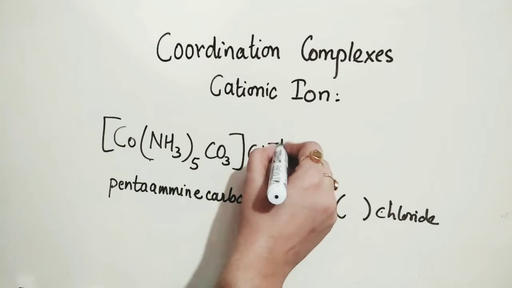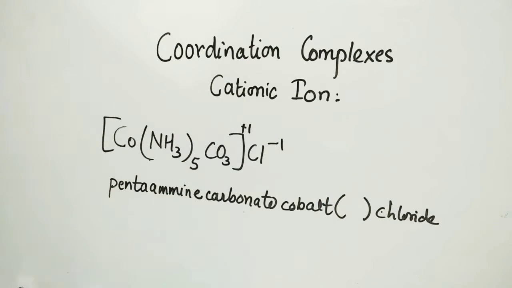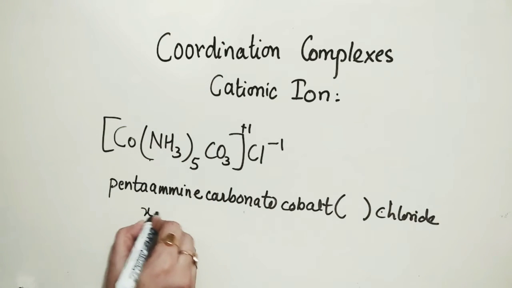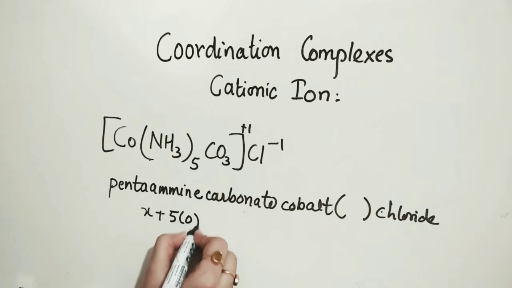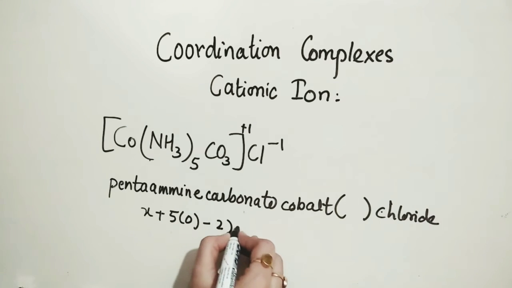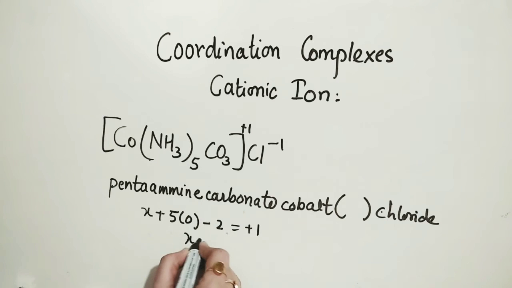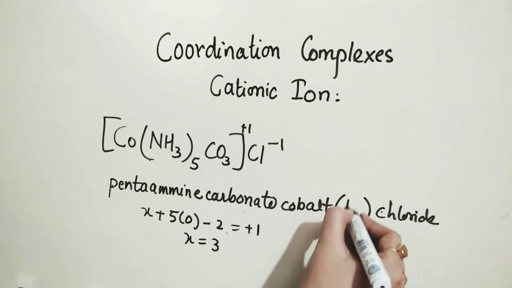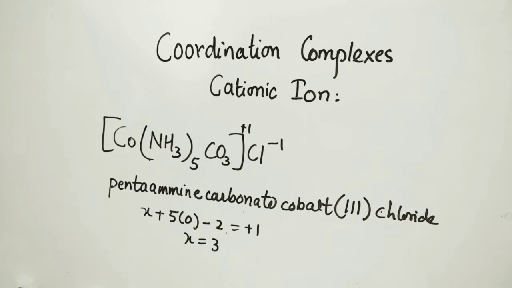Each chloride is -1, so the complex will be +1, and we know that carbonate carries the -2 charge, so here X plus 5 into 0 minus 2 is equal to +1, so again X comes out to be 3.